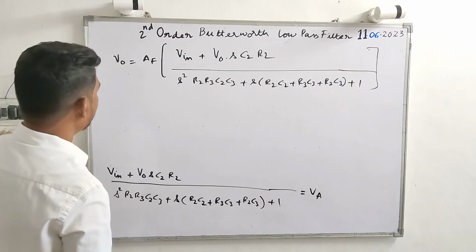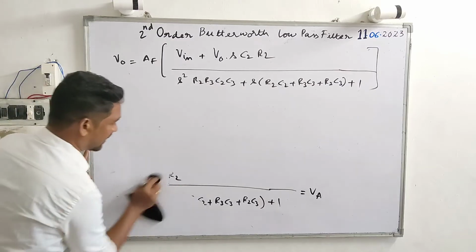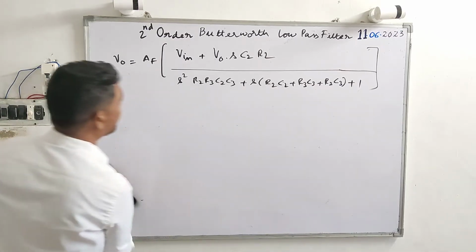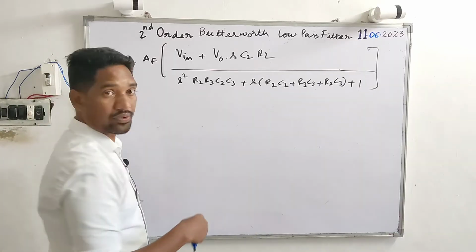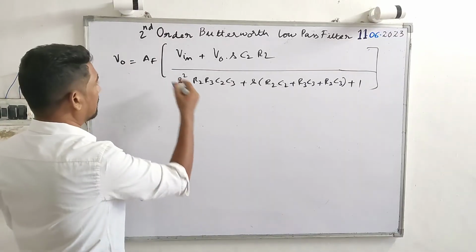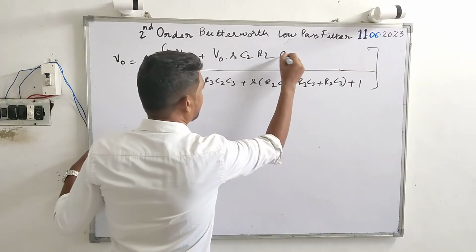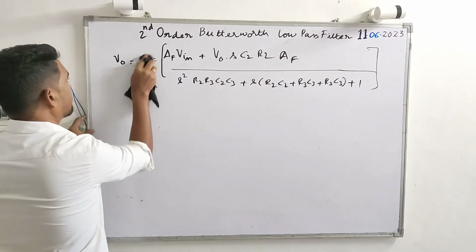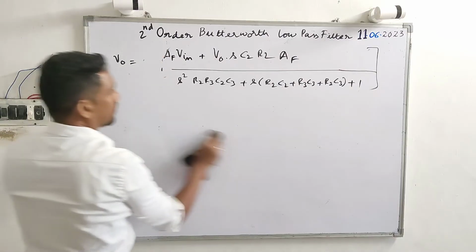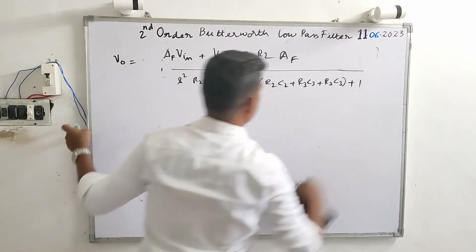Alright, now this AF outside the braces gets multiplied with both the terms. Let me do that simplification here itself so that I don't get confused and we do it correctly. Exactly, AF gets multiplied over here and that AF exists here also. Alright, so why the need of braces anymore? We don't need that anymore.